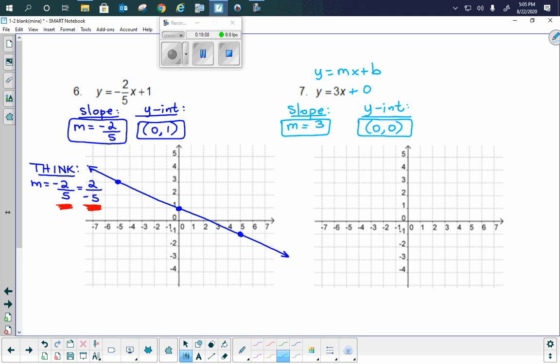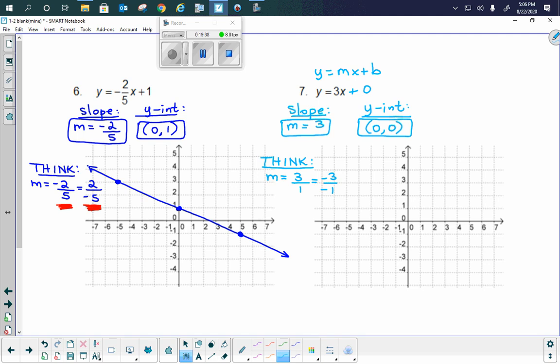Now, let's analyze our thinking down here before we start. For thinking about the rise over run, the slope, well, if slope is 3 and I know I want it to be over a number, what's the only number I can divide by and not change it? Well, that answer is 1. So this is the same as 3 over 1, which is also the same as -3 over -1.